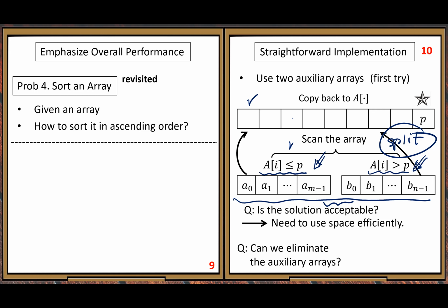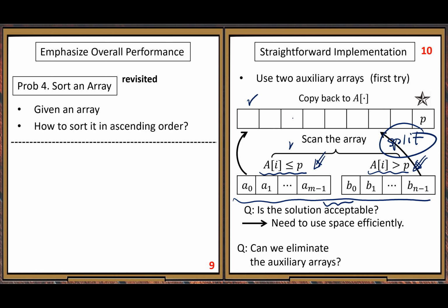That is not very good because when the data size is big, then you double it and use too much extra space. Although we are allowed to use a little more extra space, we should not use too much.